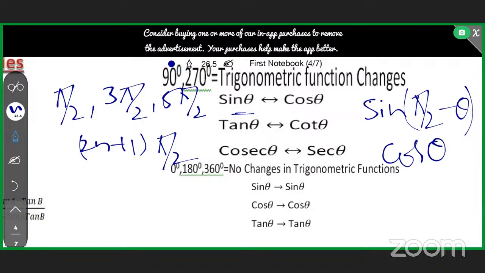Pi by 2 means 90 minus theta, so my angle is less than 90. That is the first quadrant. In the first quadrant, sine is positive. Therefore, it is plus. Please don't get confused with cos here, because the sign is checked for the function given in the question, in its quadrant.